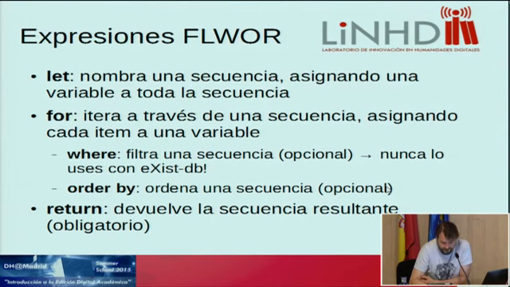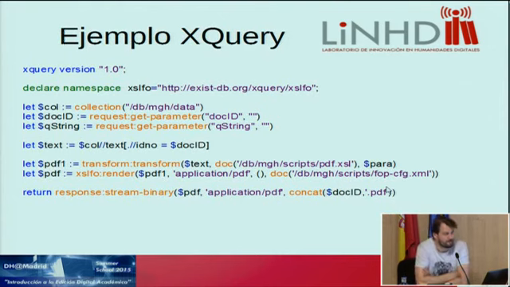And return, if you use either let or for, you have to have a return statement that describes what is giving back the result of this operation. And this is how it looks in action. This is the XQuery script that takes care of transforming a medieval charter XML into a PDF.